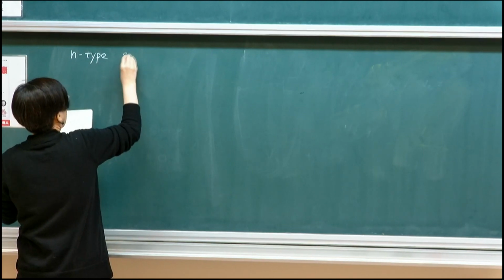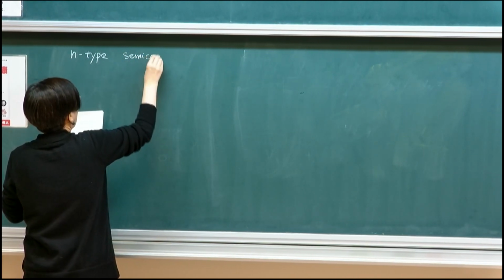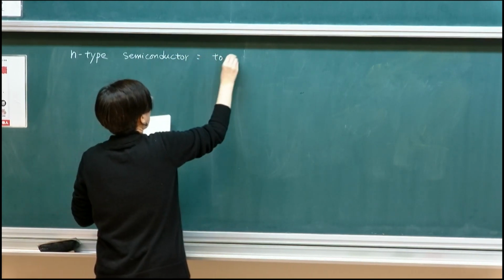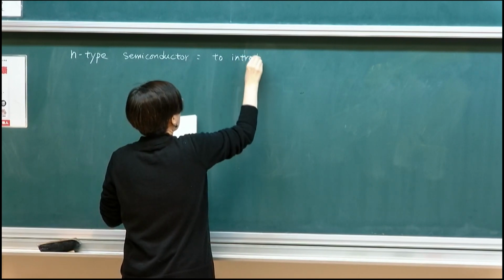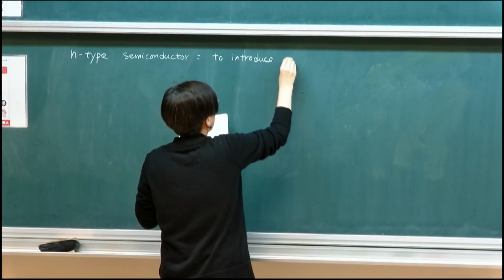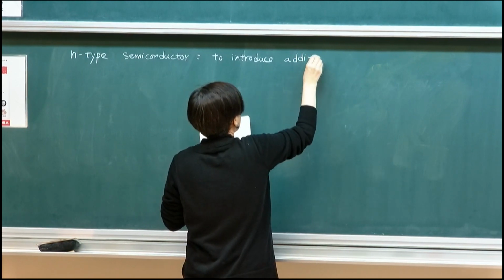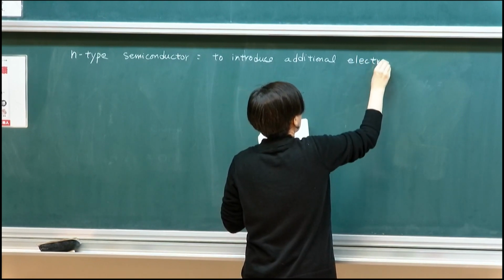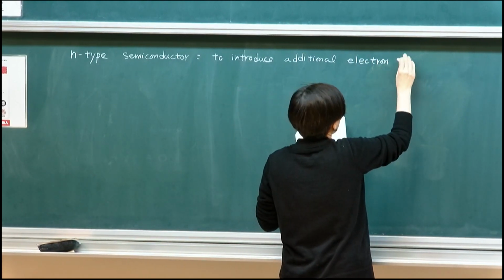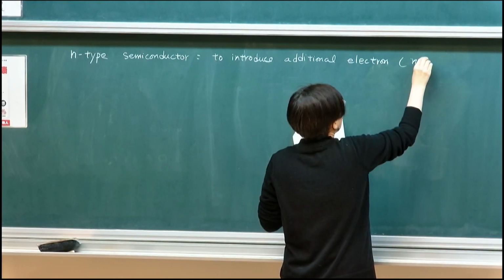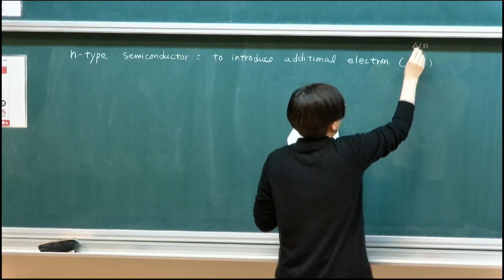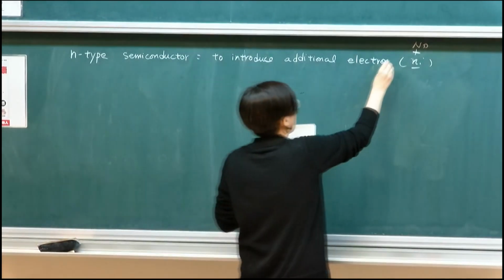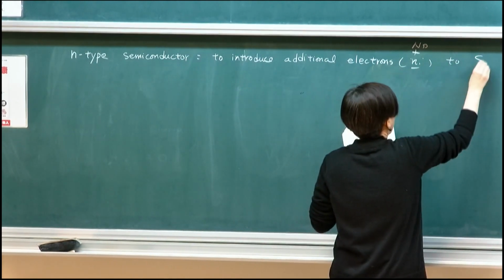An n-type semiconductor is one where, by doping, I want to introduce additional electrons, additional meaning more than Ni, additional to its background. You want to introduce additional electrons to silicon, for example.